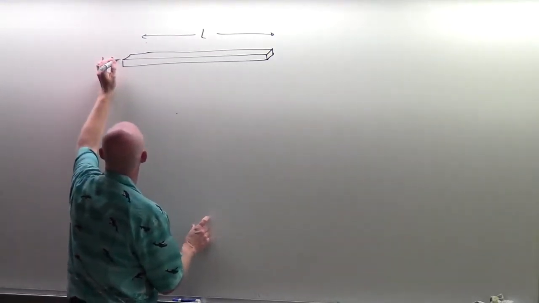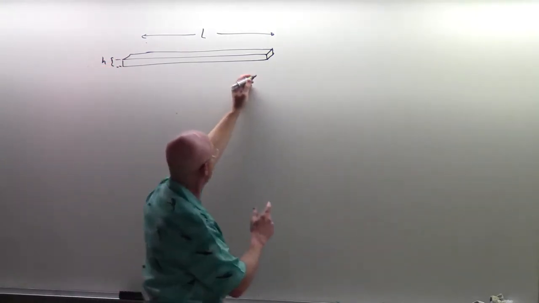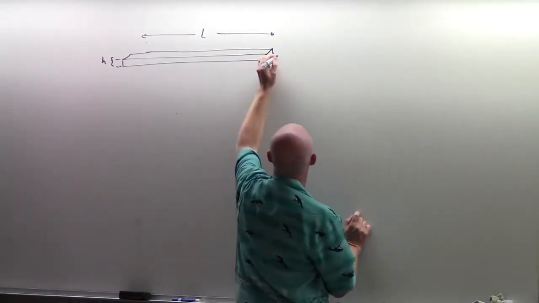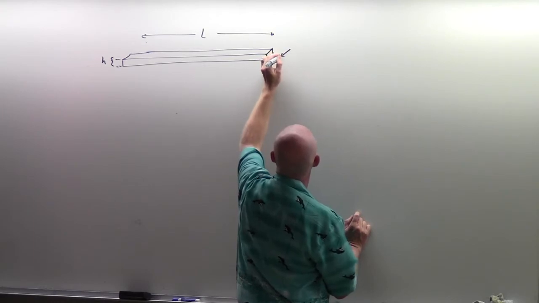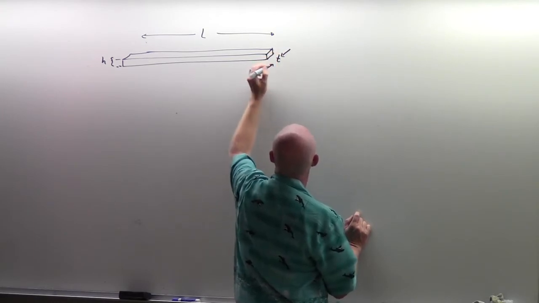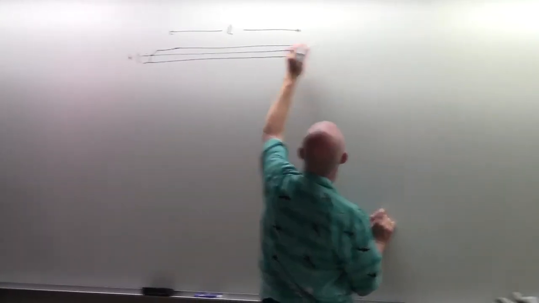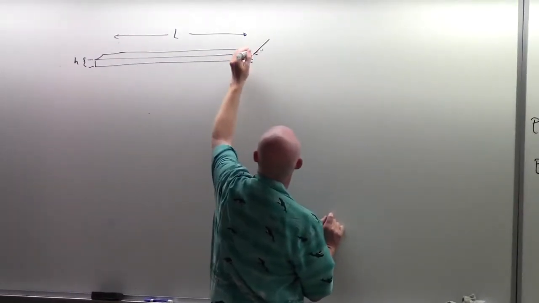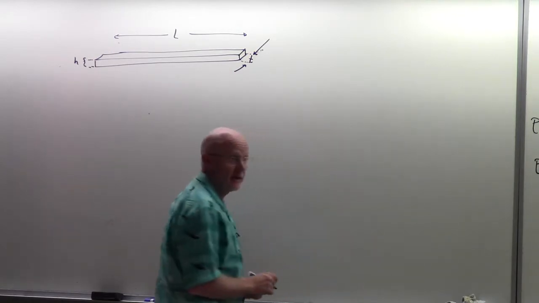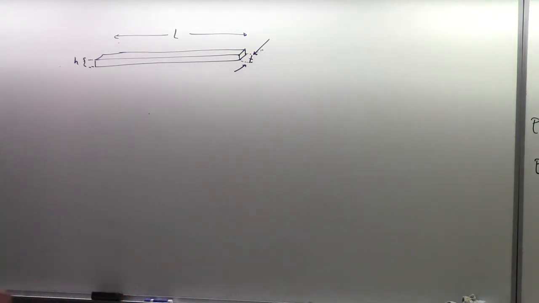Let me call that H. It's going to also have some kind of thickness associated with it. So let me call that T again for thickness. But let's go through the same thing.